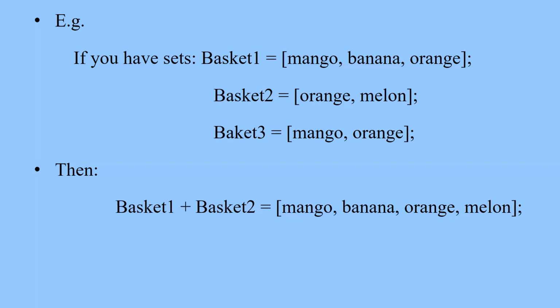This statement means that we get mango, banana, orange, and melon, and make them members of basket 1 and basket 2.